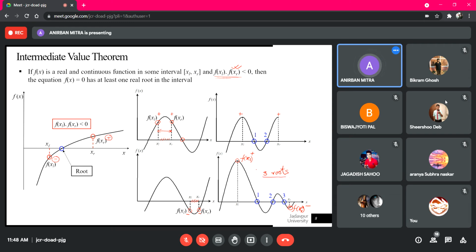So does it violate the intermediate value theorem? No, it does not, because you can see here that it says at least one real root would be present.